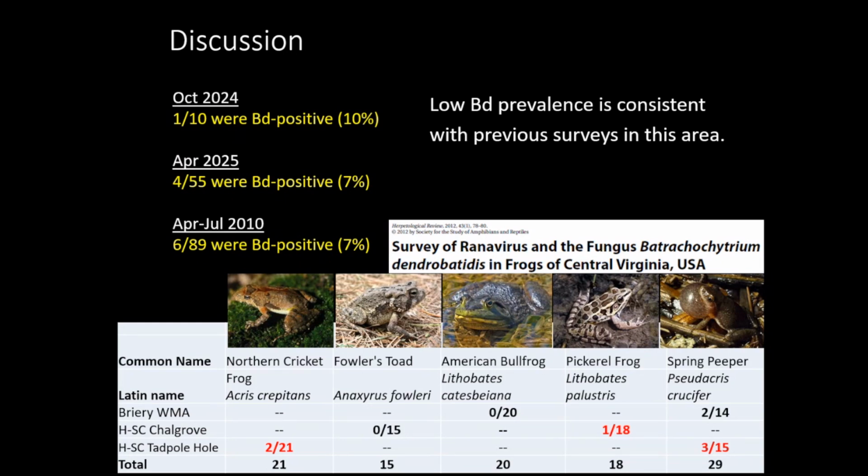At that time, 7% were positive. So it seems to be in line with what we've seen previously, although slightly different composition of the frogs that were carrying the BD. Cricket frogs and spring peepers in this case were carrying it. So it looks like most of the species that we've collected, with the exception of the Fowler's toad, I guess, we have not seen BD in.